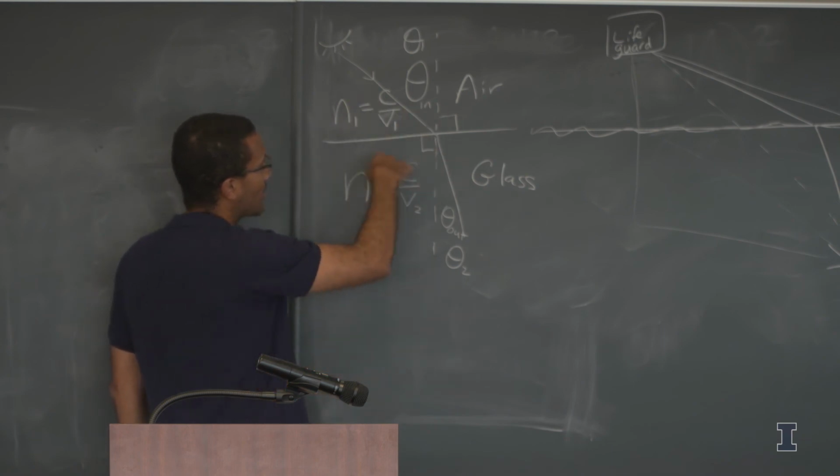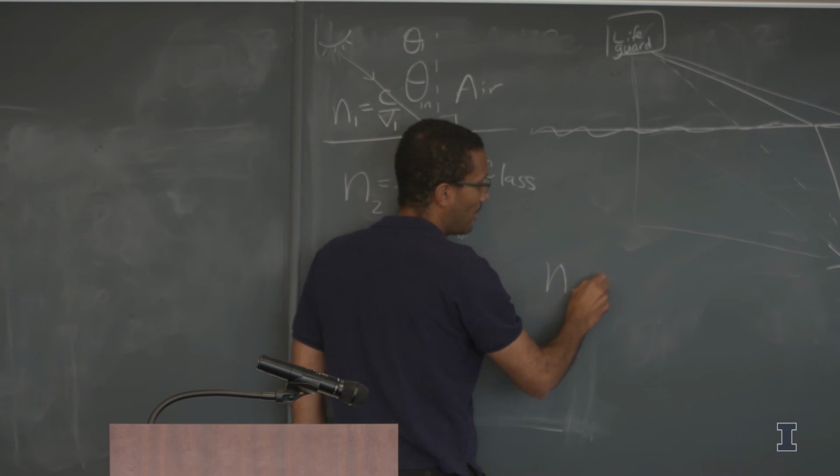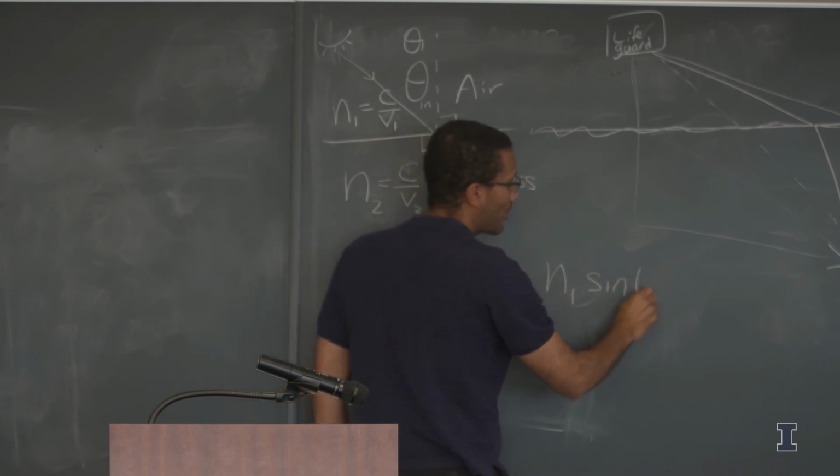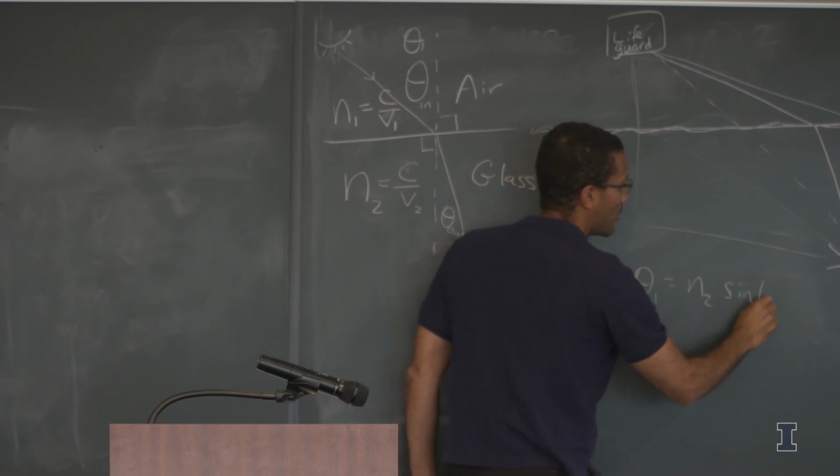So the refractive index is a ratio of how much light is slowed down when it travels in a material. And the relationship says that n1 times the sine of the angle theta 1 equals n2 times the sine of the angle theta 2.